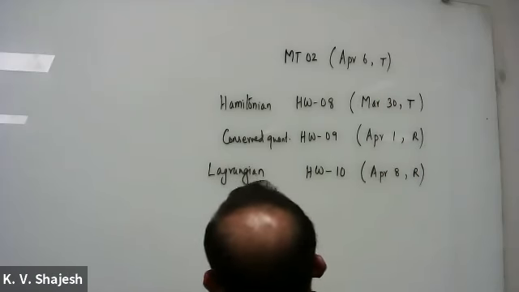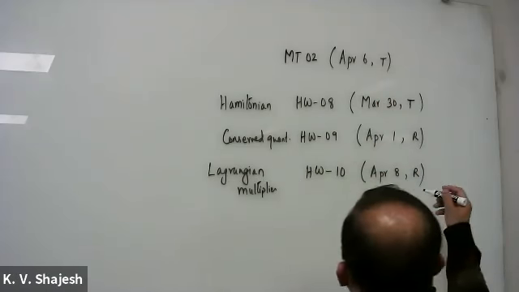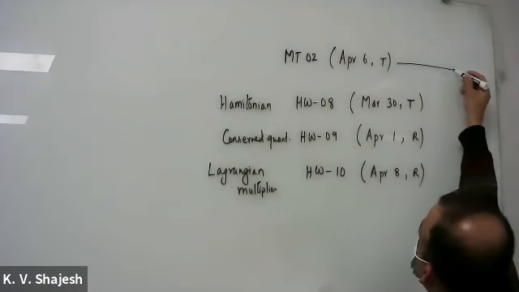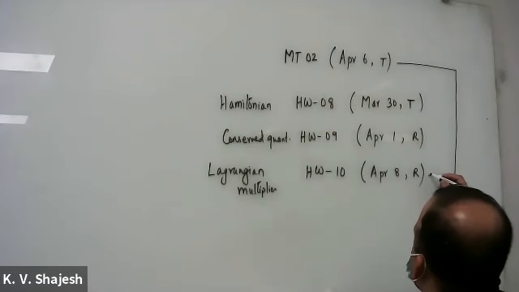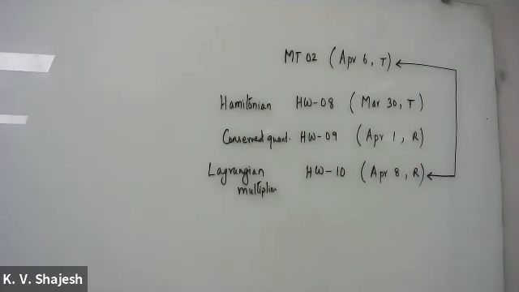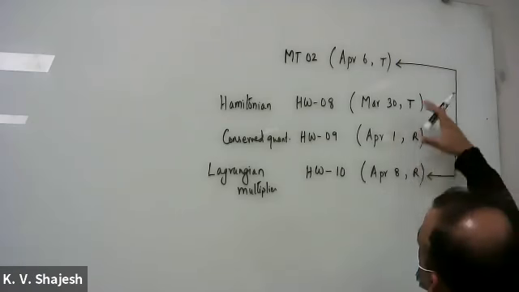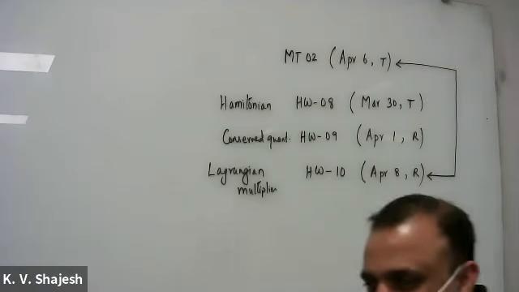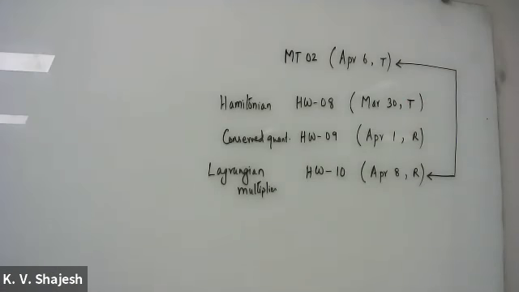The proposition here is that this will be counted as midterm 2. So these two are connected. Homework 10, or these three homeworks together, with some weightage, will be midterm 2. So there is no official midterm 2. I'll use the homeworks to assess midterm 2.